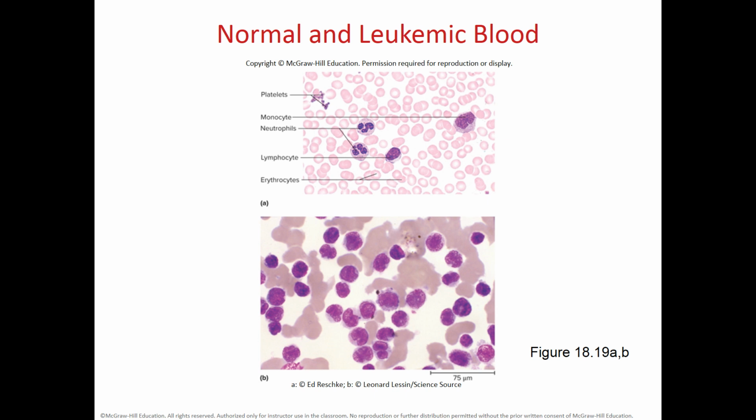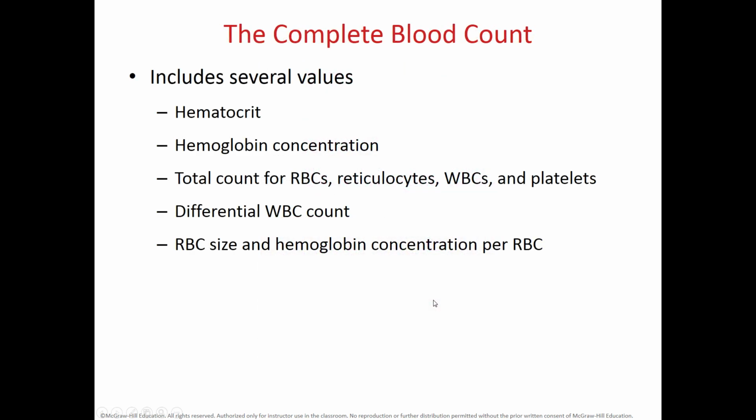And this is how the normal blood smear will look like, and how an abnormal blood smear will look like. So all of these will be leukemic cells. So there are many, and they are abnormal. So the complete blood count, or CBC, includes several values.